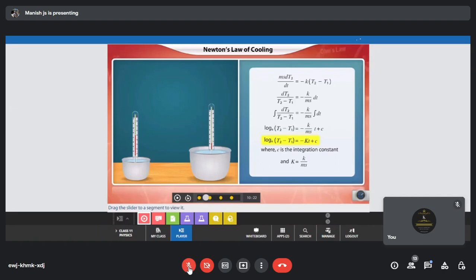I will show it separately because this involves calculus. You wanted integration separately to be shown? That is this derivation? No, sir. Is it understandable? Yes, it is sir. Well and good. We'll move on.